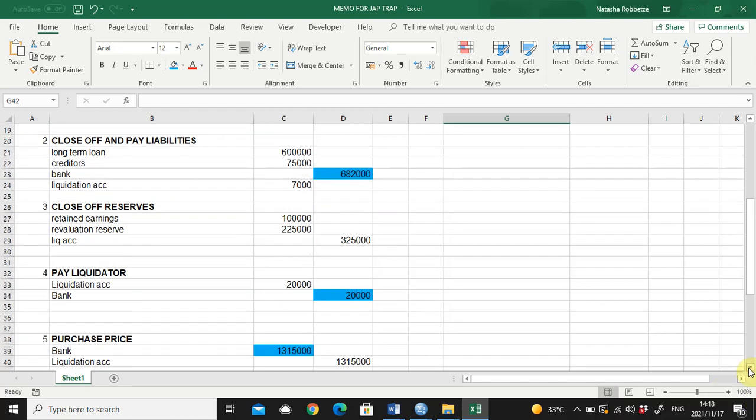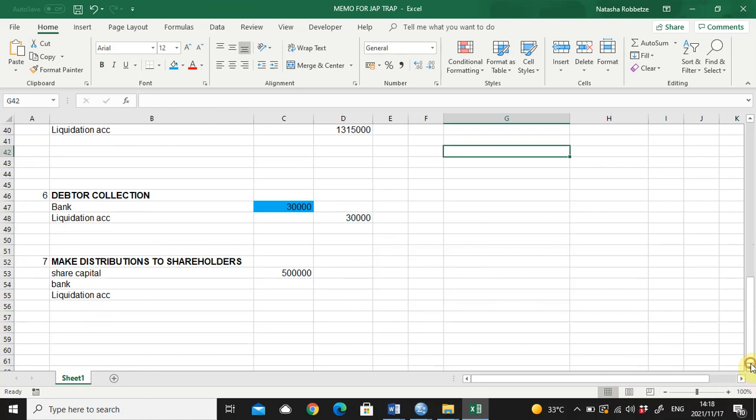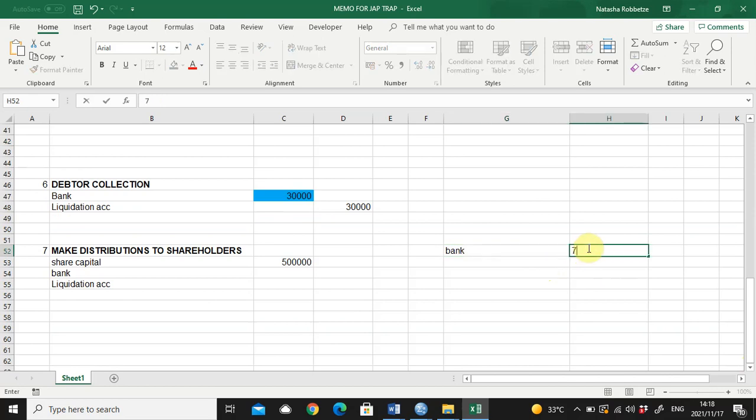I'm going to add to the bank account the purchase price, which is 1,315,000, and I'm also going to add the 30,000 in step number 6. When I do that, I get a bank account total of 743,000. And this is a positive answer on my calculator.